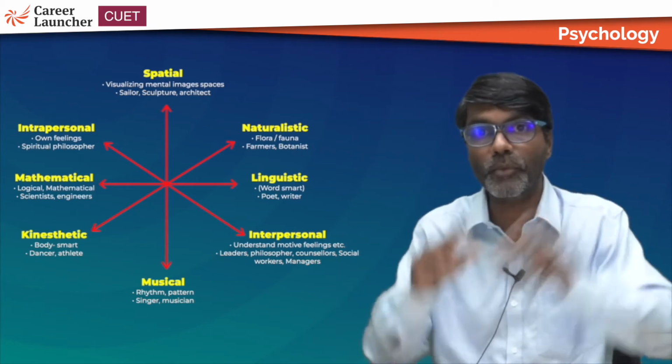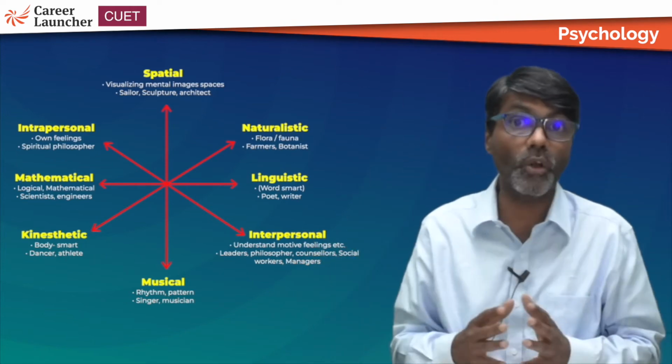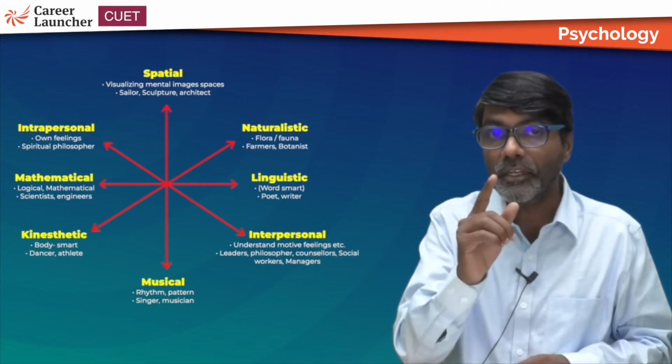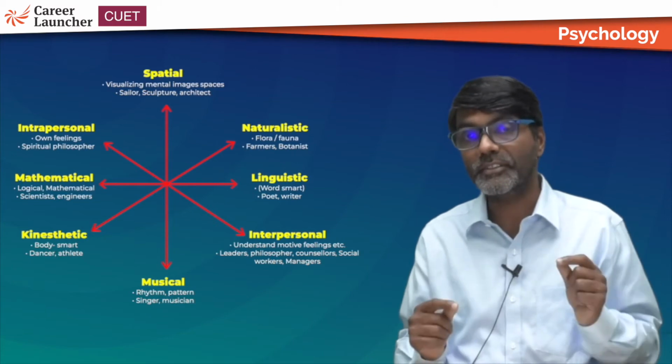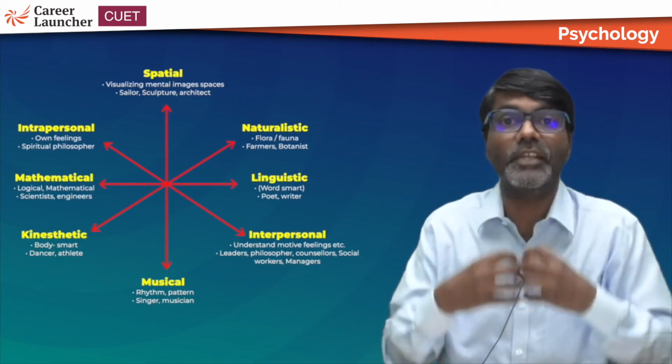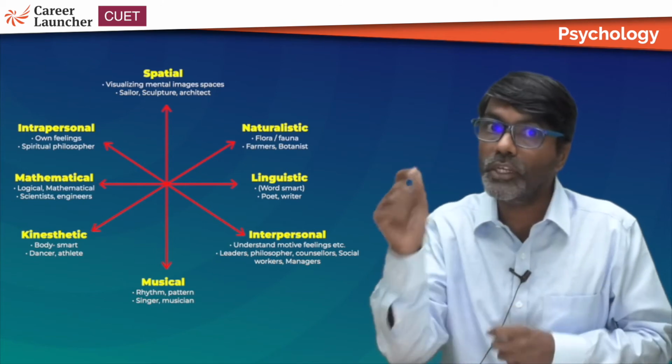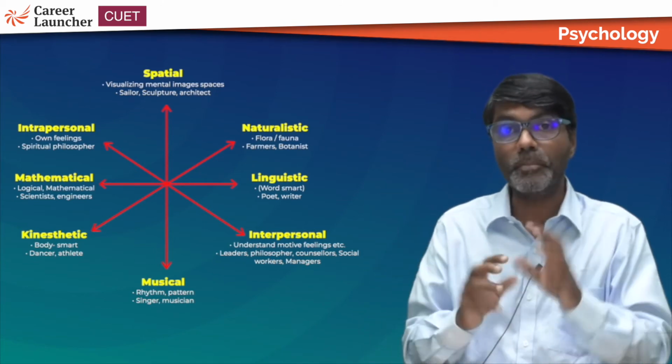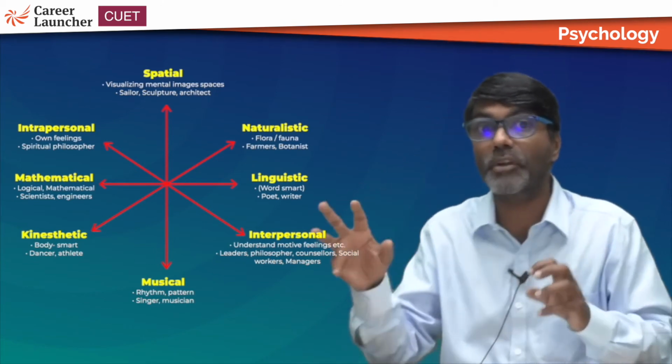Similarly, each one, I'm not going to take time explaining all of them. And each one of us has a mix of these in ourselves. It is not only numerical and nothing else. No, it's a mix of numerical and spatial and verbal.